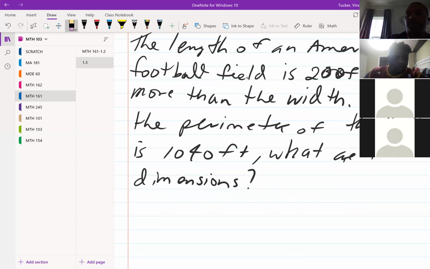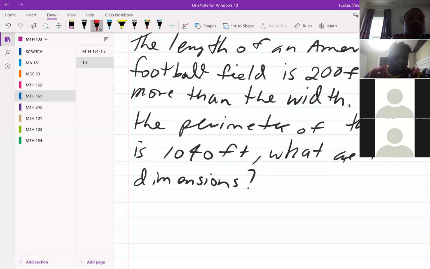I'll just write it better. So the length of the football field is 200 feet more than the width. If the perimeter of the field is 1,040 feet, what are the dimensions?